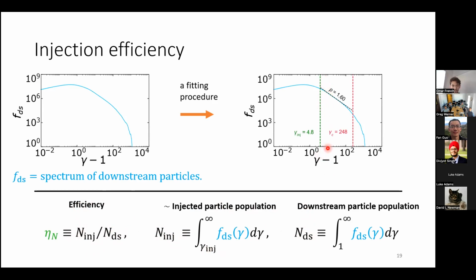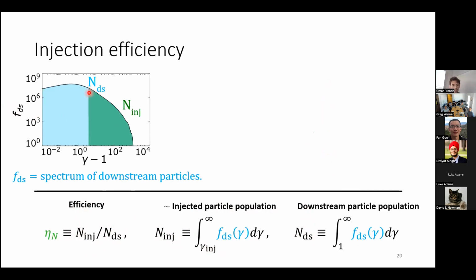Just to show this visually, if we have a downstream spectrum, FDS, and we take this green region and divide it by the entire integral, we obtain this fraction of downstream particles that are injected.